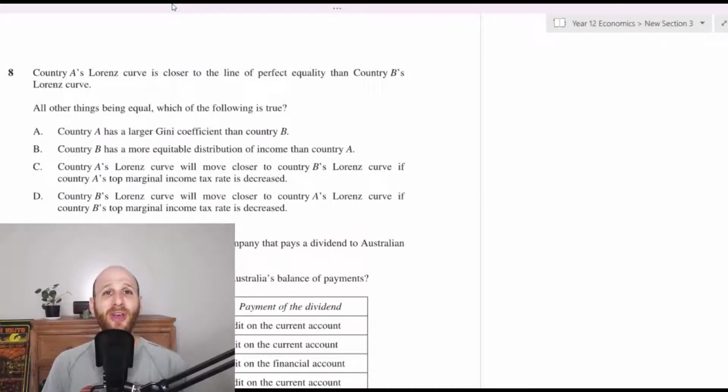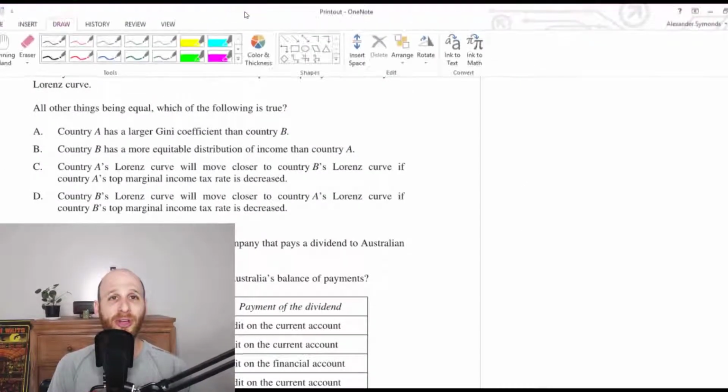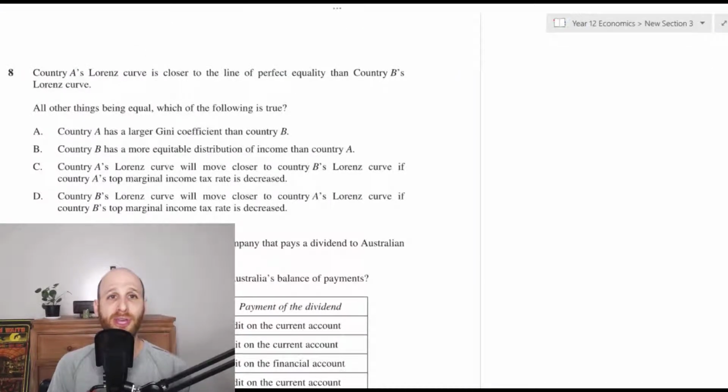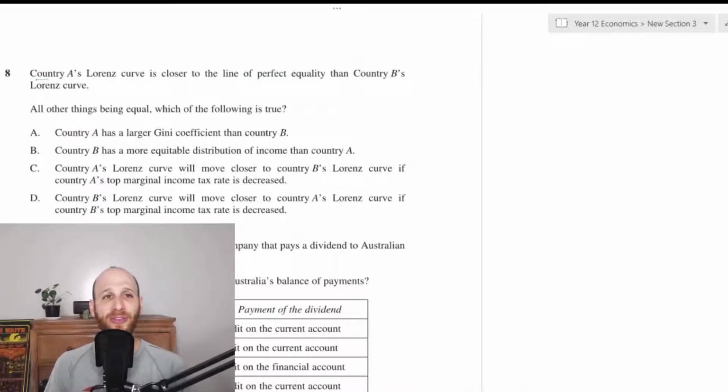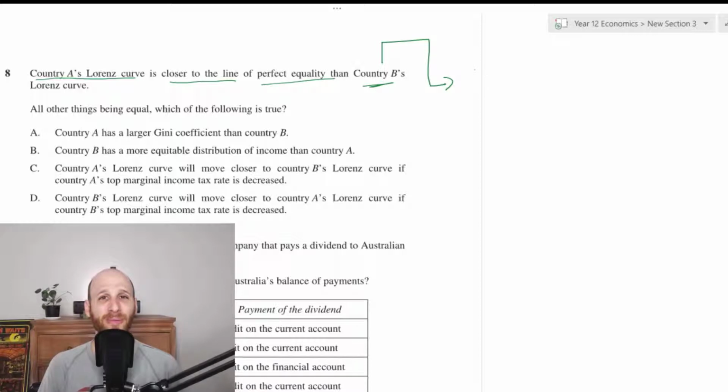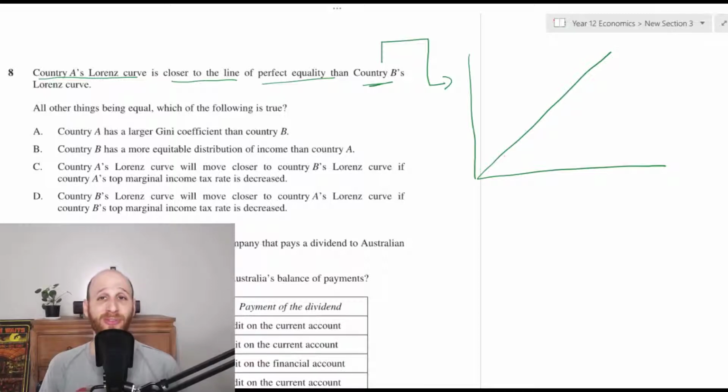Question 8 is a little bit tricky just because there's a lot of things to think about. What it says is country A's Lorenz curve is closer to the line of perfect equality than country B's. Now, I can't hold that information in my head very easily. So what I will do over here is draw the world's most average graph. This is my line of perfect equality, right?